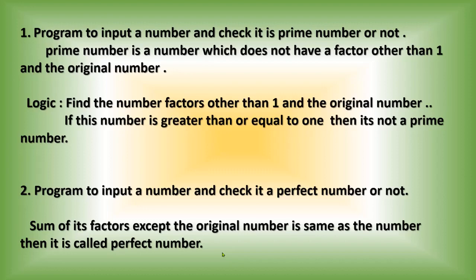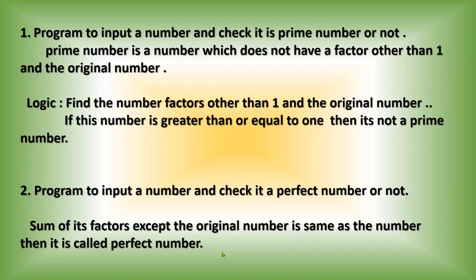Now it is perfect number. Perfect number means, again here also you have to find the factors other than the original number, including 1. Find the sum of the factors other than the original number, and if the sum is the same as the original number, then it is known as a perfect number.